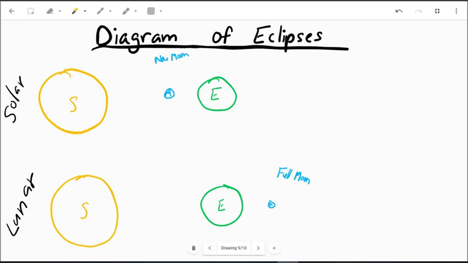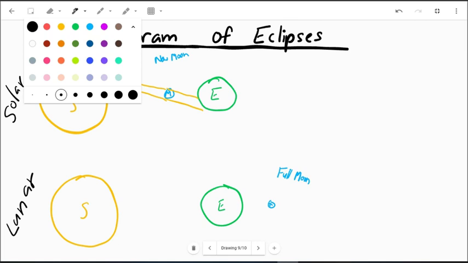So I'm going to have a beam of light from the top of the sun hit the top of the moon. I'm going to have a beam of light from the top of the sun to the bottom of the moon. All right, and if I can continue those lines, they trace a pattern like that, right? Well, that's not really light, that's a shadow.